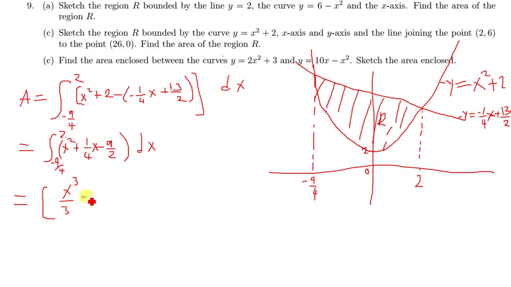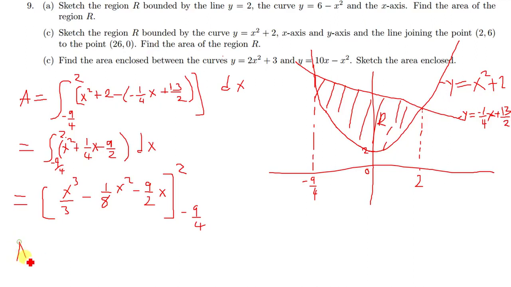And then 1 over 4x, integrated, gives x squared over 2, so 1 over 4 divided by 2, you get 1 over 8. And then this negative 9 over 2, when you integrate that, you just have x being introduced there. Don't forget to put your limits, 2 and negative 9 over 4.